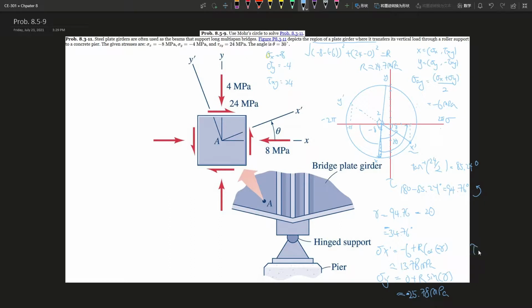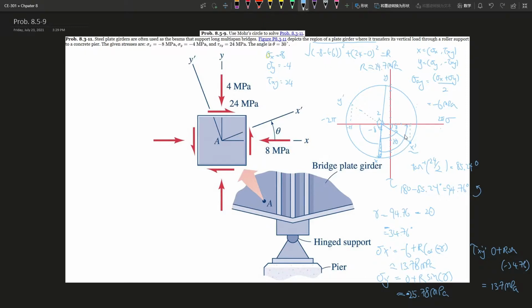And then let's find out what the shear is. The shear is just 0 plus r times sine of gamma, so negative 40.67, and that's going to give you somewhere around 13.7 megapascal, because this is going in this direction.